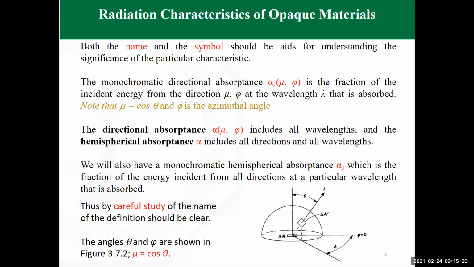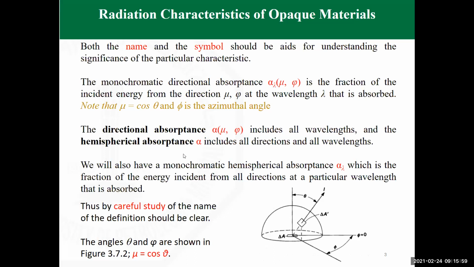But when we say directional absorptance, without saying monochromatic, it means as if it has been integrated over the whole wavelength range. So it's a value that represents the absorptance for the whole wavelength spectrum we're dealing with. Monochromatic depends on lambda. Directional absorptance depends on the directions, meaning mu and phi, but the wavelength has not been mentioned. So it's a total value that includes all the wavelengths.